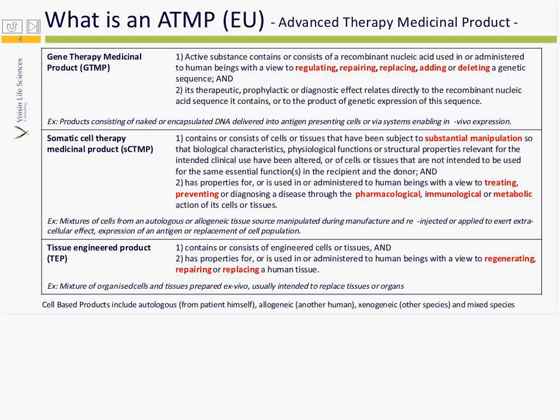Somatic-cell therapies are subject to substantial manipulation of the tissue in the manufacturing process and have a view to treating or preventing disease through pharmacological, immunological, or metabolic action, using tissues or cells. And tissue-engineered products are usually a mixture of cells or tissues that are organized, and their intention is to replace an organ or tissue in the body.